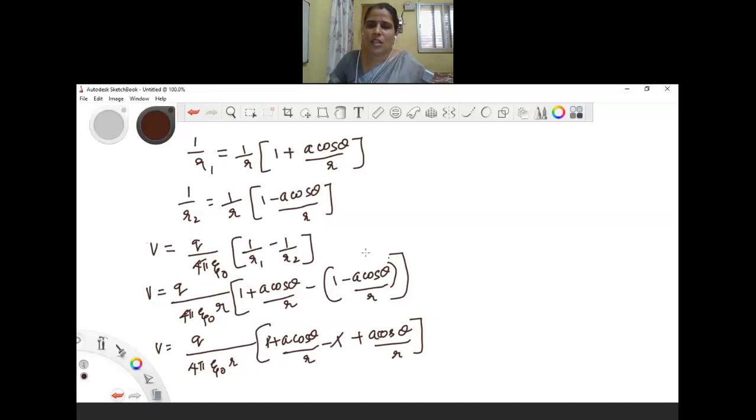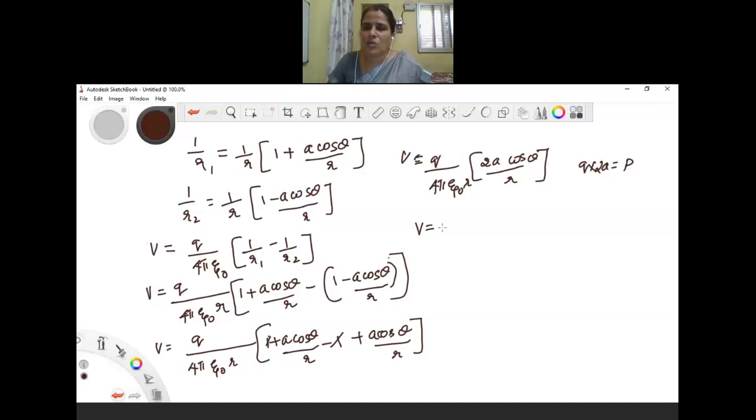Then the total potential V will become V is equal to Q by 4 pi epsilon naught R into a cos theta by R plus a cos theta by R. So we will get 2a cos theta divided by R. So V is equal to, what is this? Q into 2a. Actually Q into 2a is nothing but dipole moment.